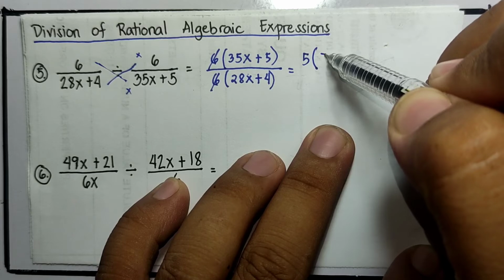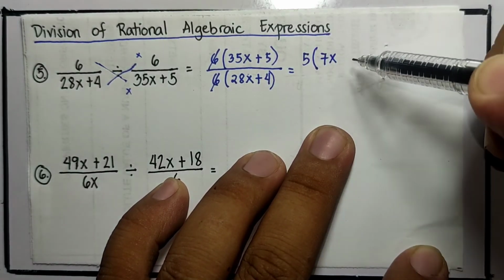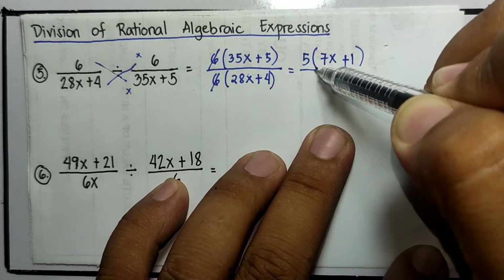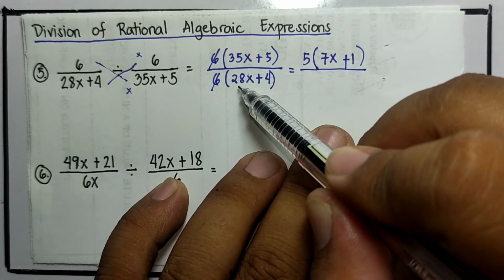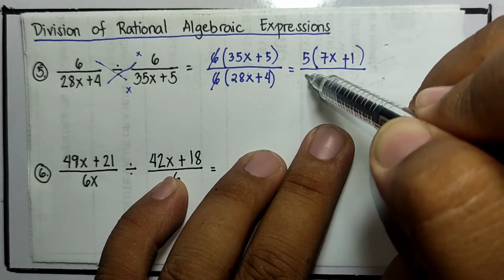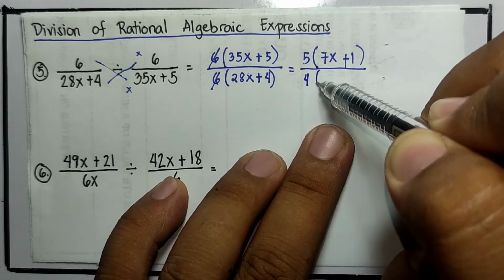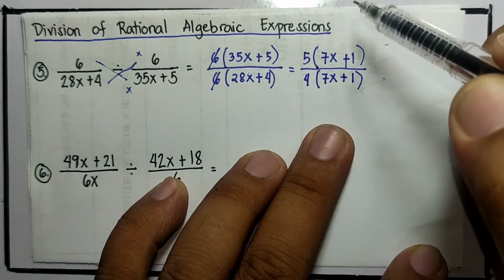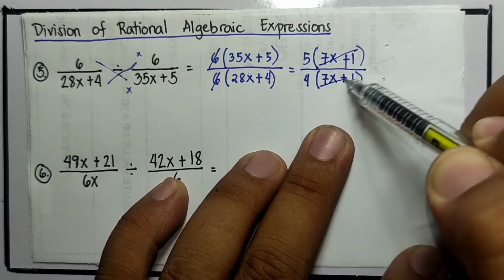Then 7x plus 1 over 28x plus 4. They have a common factor which is 4. Then 7x plus 1 cancels out.